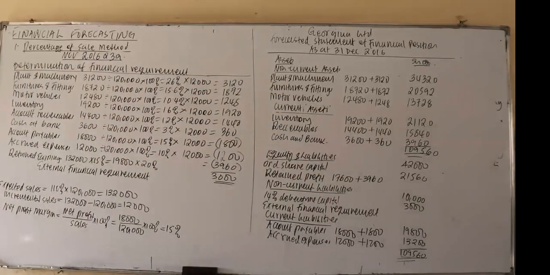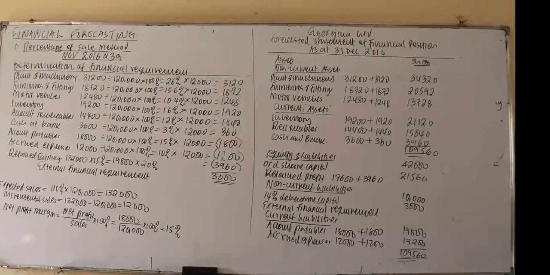Assumptions stroke limitations of the percentage of sales method. Most of the assumptions are limitations because an assumption is what it assumes, which is not always the reality. So that's why most of the assumptions are limitations.